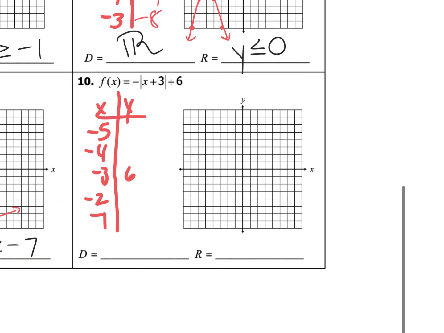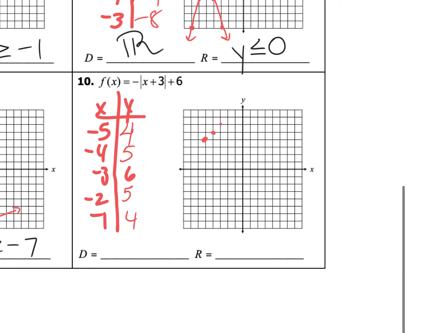All right, for number 10, negative 5, 2, 4. Doing some mental math, negative 4, so negative 1, positive 1, negative 1, positive 5. So 5 and 4. All right, let's graph it. Negative 5, positive 4, right there. Negative 4, positive 5.